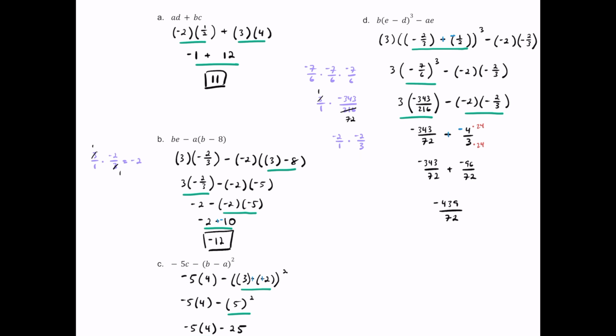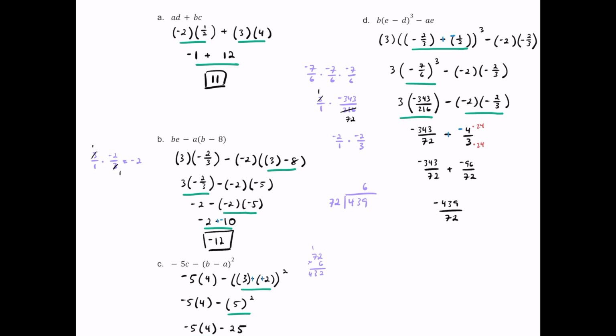And this should be a mixed number. Let's see. 439 divided by 72. 70 times 5 is 350. 70 times 6. I feel like I want to try 6. 72 times 6, that's 12, carry the 1, 42, 432.